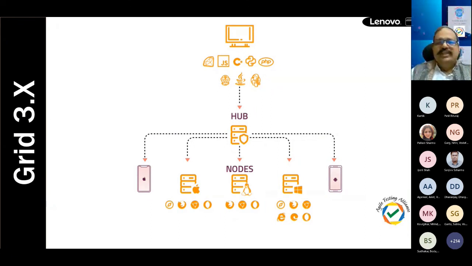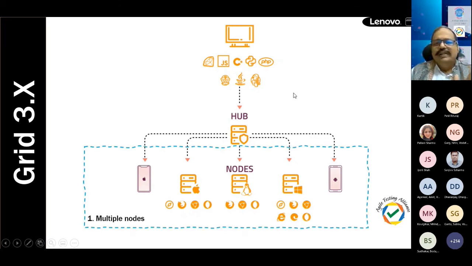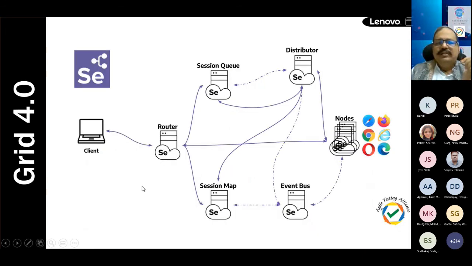And what has changed in 4.x? I would start calling it 4.x now because they've already come up with 4.1, which we are going to use. If you look at the architecture, there are multiple nodes which are running your automation tests in parallel. This does not change. What changes is the architecture: rather than having only one hub and nodes, the entire architecture is distributed heavily between multiple components.